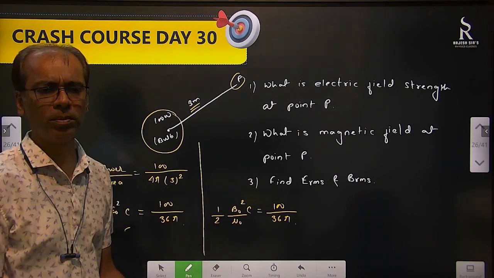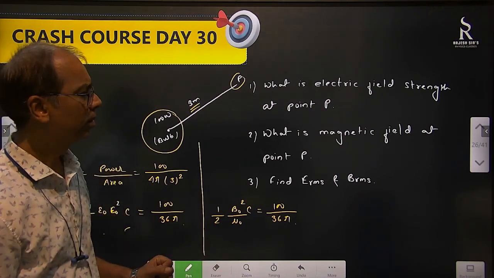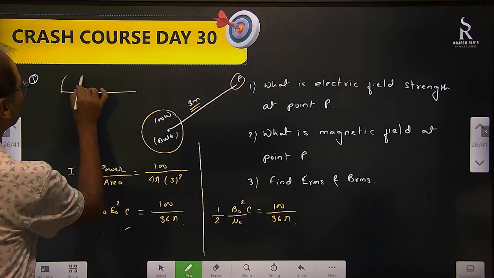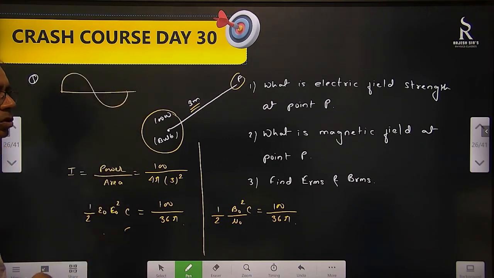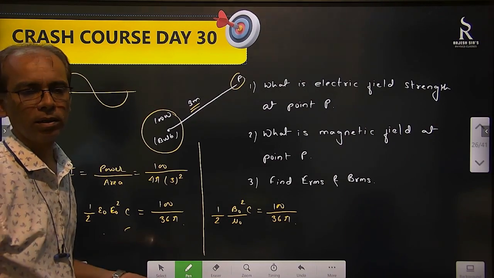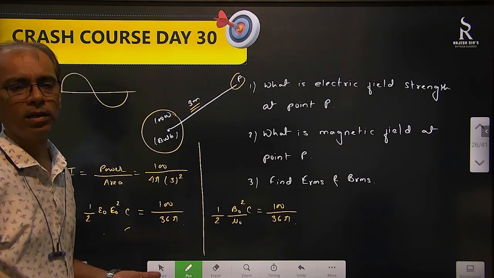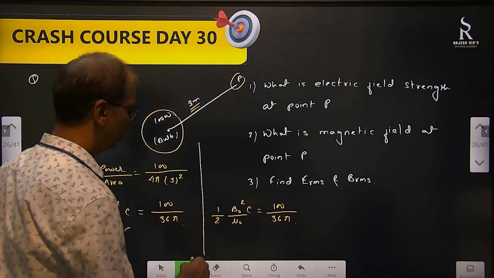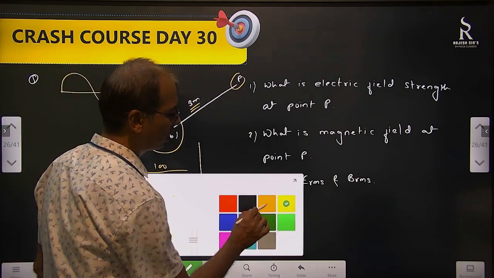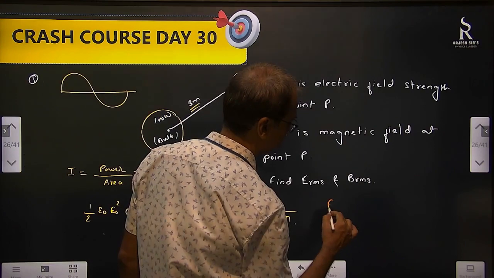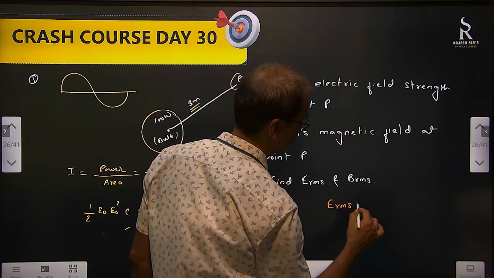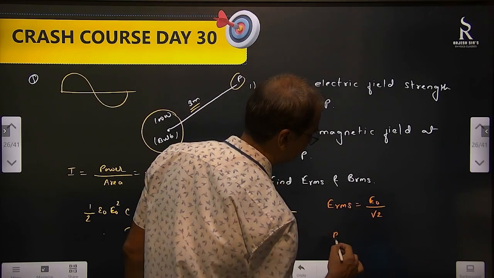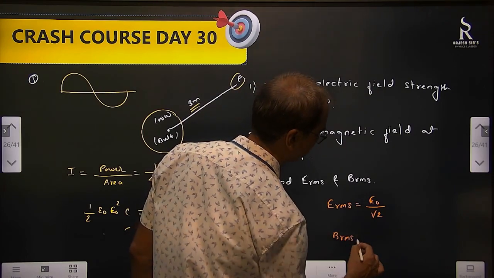That is also no problem. Why ERMS and BRMS? Because the electric field is varying sinusoidally, and the magnetic field is also varying sinusoidally. We have already seen in AC how to find IRMS. Same way here. ERMS will be E naught by root 2, and BRMS is B naught by root 2. Very simple.